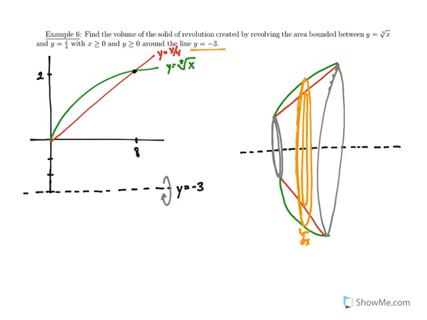And we're going to have a washer for every x value in between 0 and 8. But this time the big radius and small radius are different. The big radius is going to go down to that line y equals -3. And we could redraw this in the picture itself.